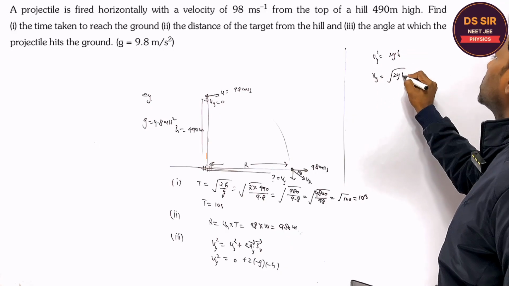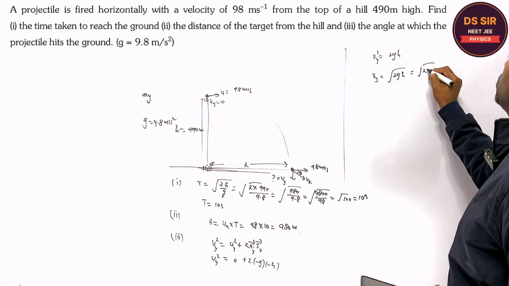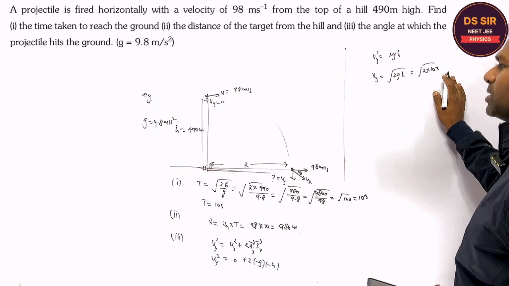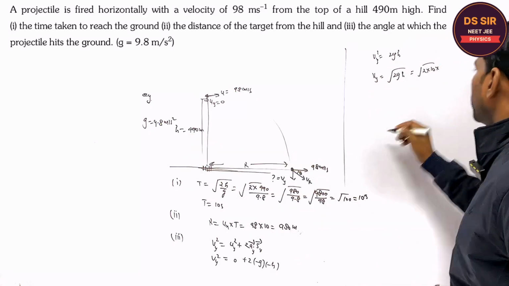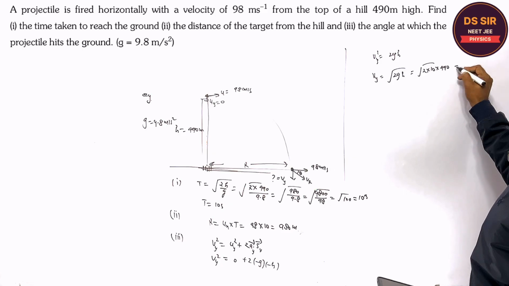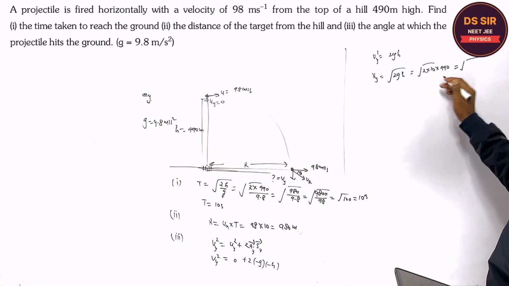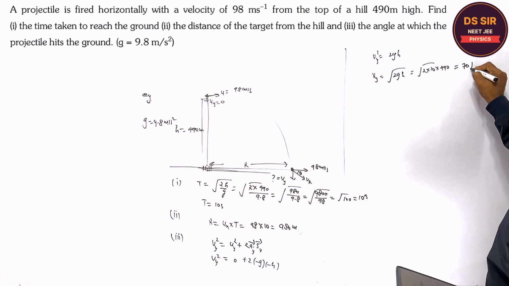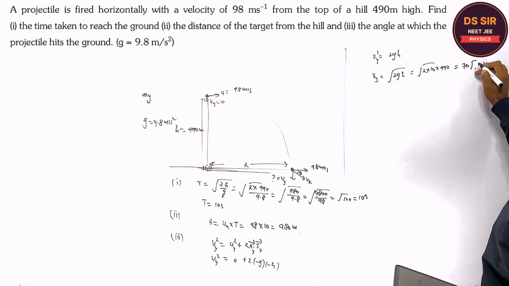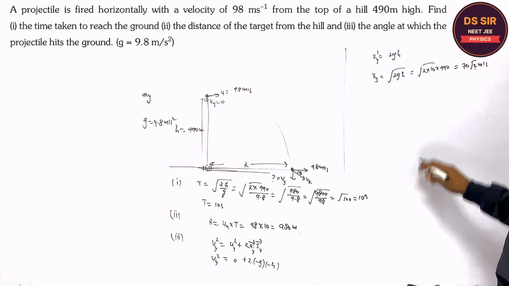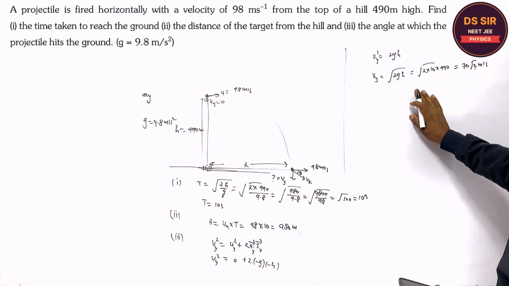Root of 2 into 10 into h, which is 490. The vy is equal to what? 70 root 2 meter per second. Fine, because it is 10 and 7, right?